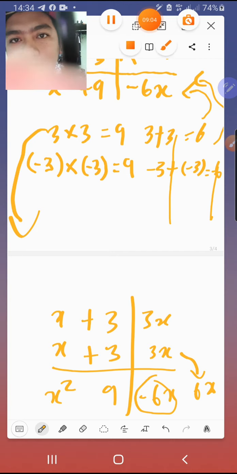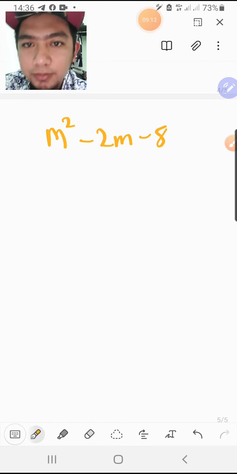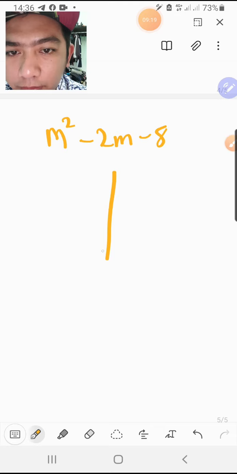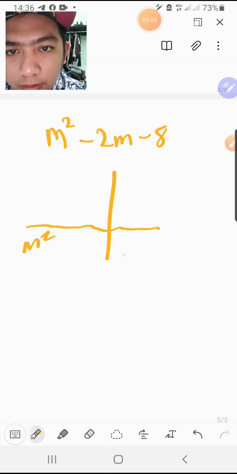Okay, so next we look at the next example. The question is, factorize this algebraic expression by using cross multiplication. So as usual, you do this partition and then write m squared, negative 8 and negative 2m.